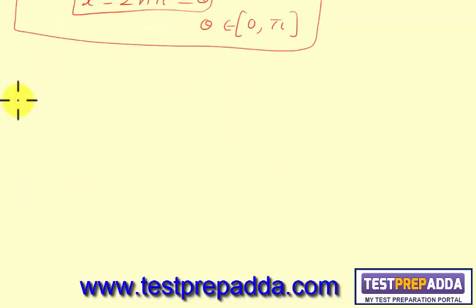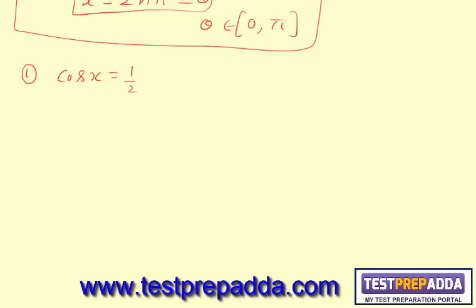Now I'll take few examples here to understand this. If I take cos x is equal to 1 by 2.